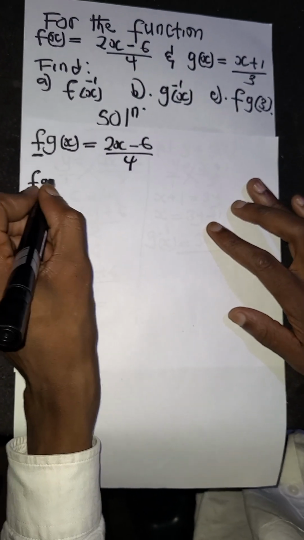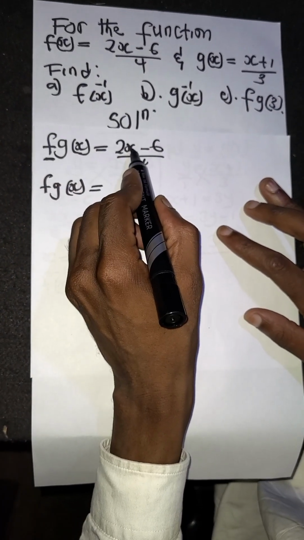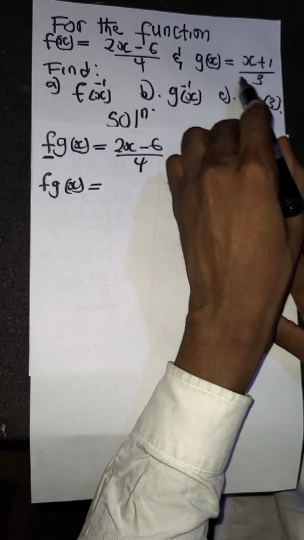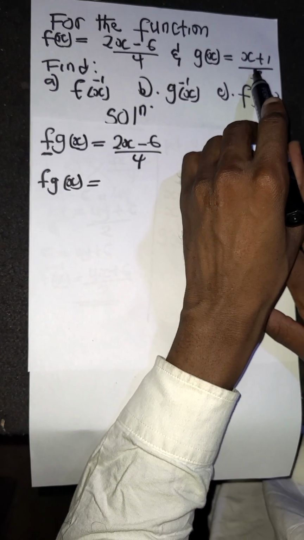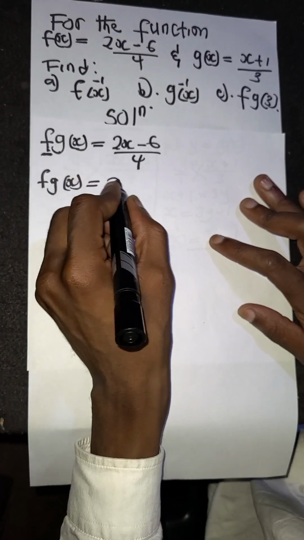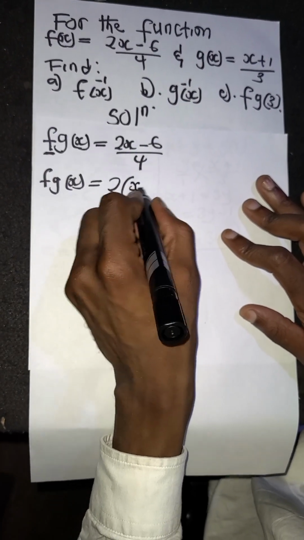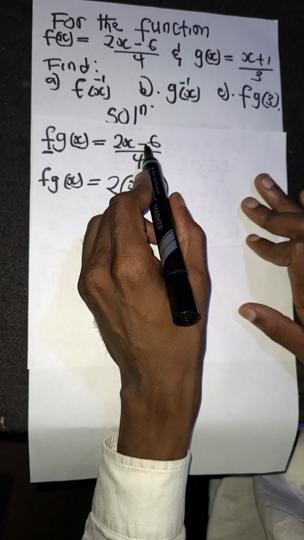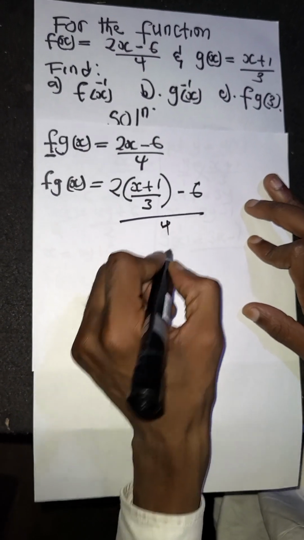Therefore, fg of x will be, where there is x in function f, we substitute with the function g. Wherever there is x here, I'll replace it with the function g. So I'll have a 2, open bracket, where there is x, I'm putting the function (x plus 1) over 3, and then I'll continue with the f function, which is negative 6 over 4.